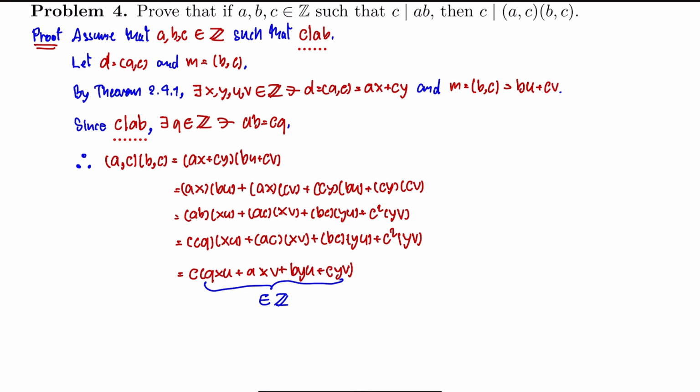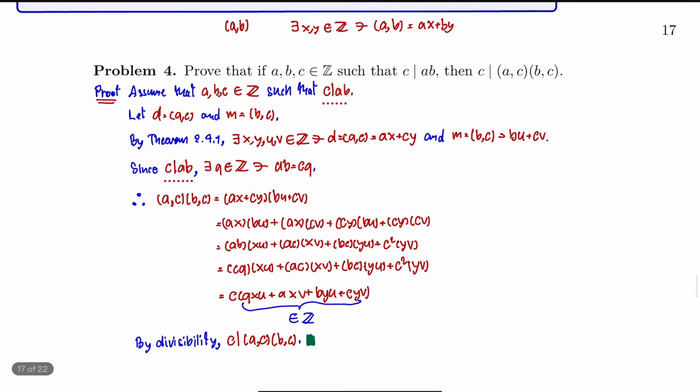So what do we have? By divisibility, we have that c divides the greatest common divisor of ac times the greatest common divisor of bc. Okay? And that's it for this proof.